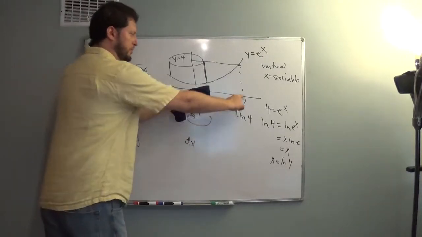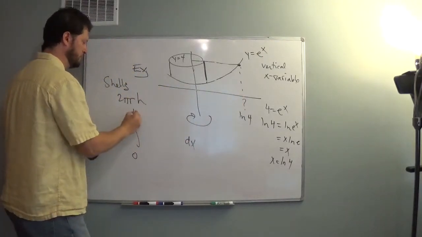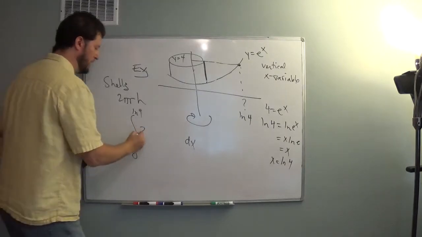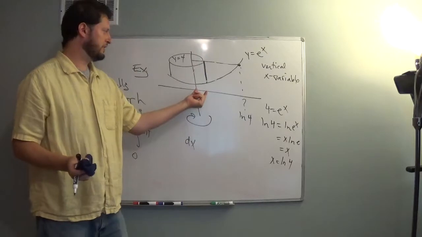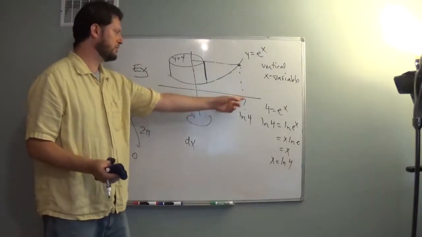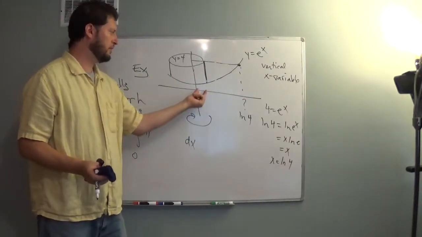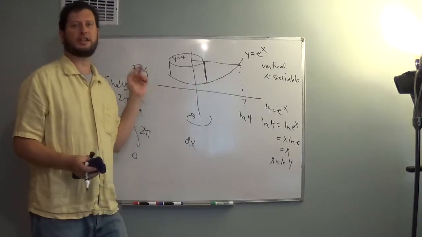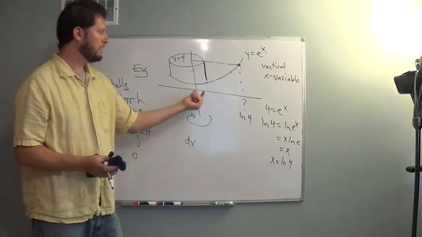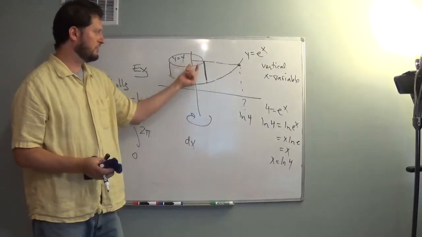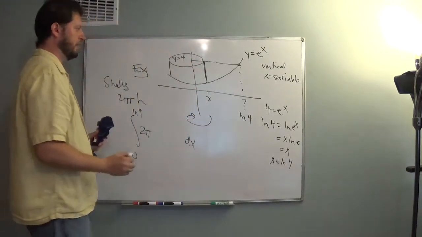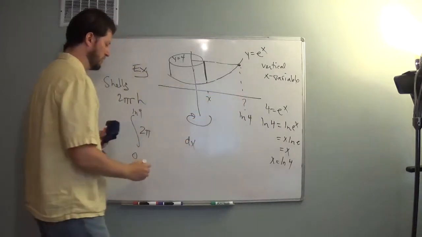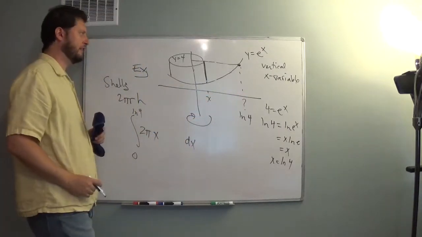X is going from 0 to ln of 4. 2 pi is 2 pi. R, the radius, because we're just rotating it around the y-axis, we don't have any extra 3 units like we did in the previous example. The radius is really just our position, which is just x, and that varies as we move across the region.